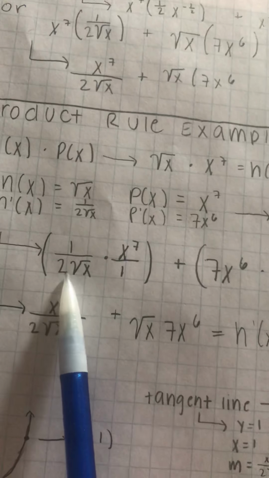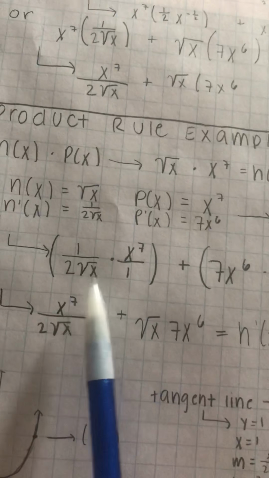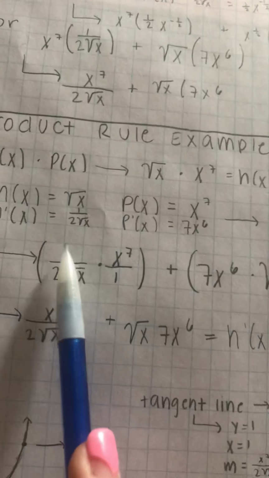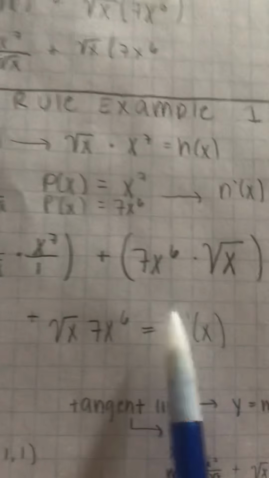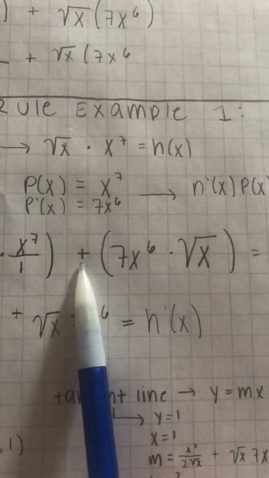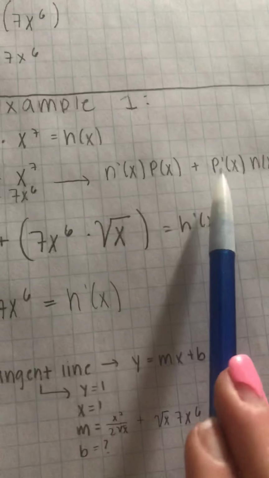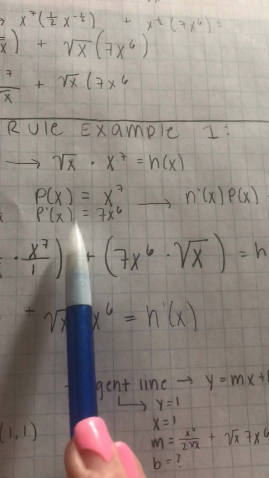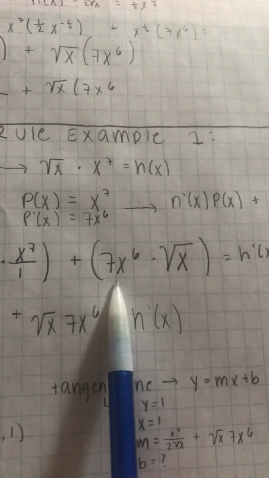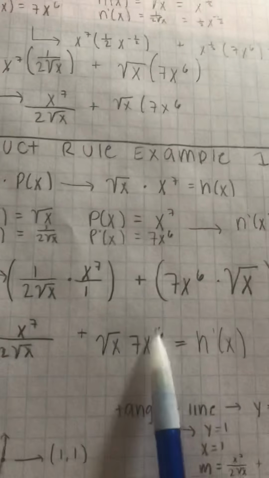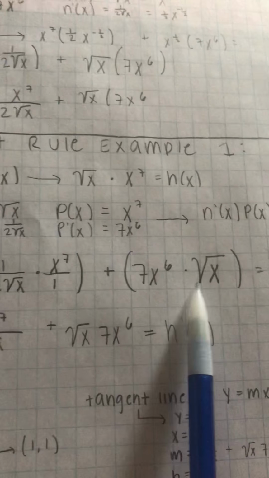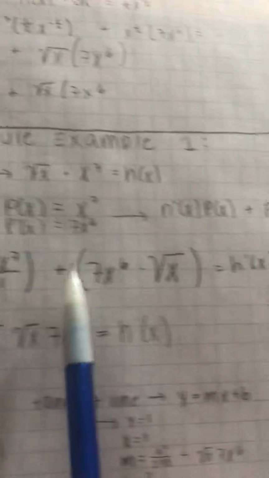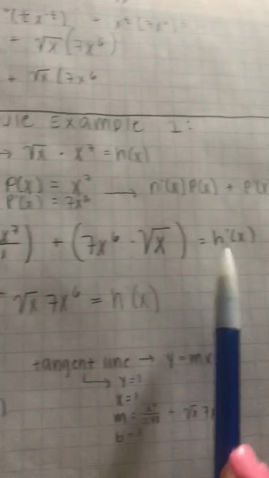And 2 root x times 1 will be 1, so I can put this on top of here later in the next step. Then over here, I'm adding, I have p prime x, which is 7x to the power of 6, and n of x, which is just root x, so I have them multiplied together, and I'm adding it to the original term, and all of this is going to be my derivative.